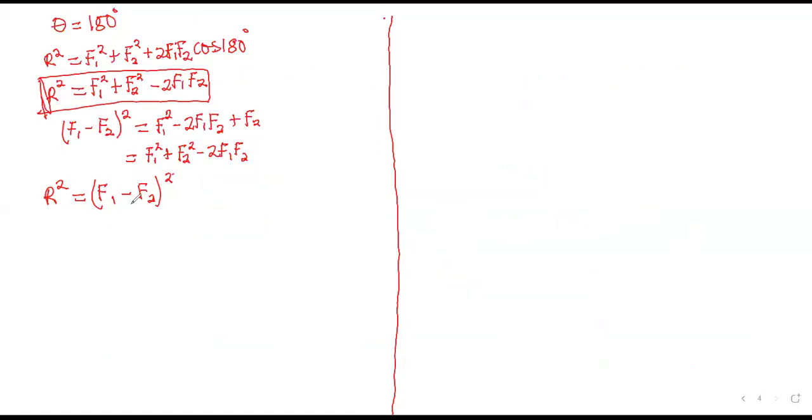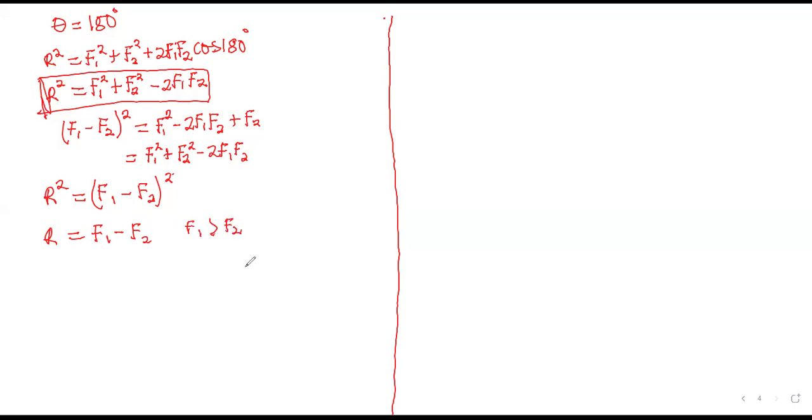Since whatever we have within the bracket is equal to this, then R can be equal to F1 minus F2. This is on condition that F1 is greater than F2.